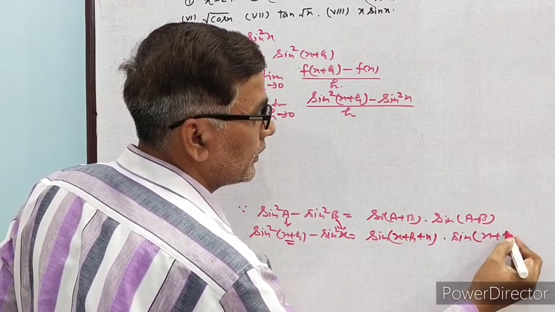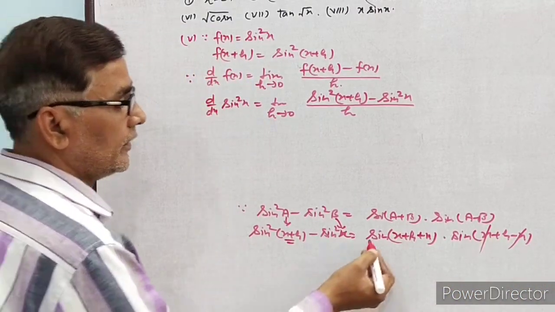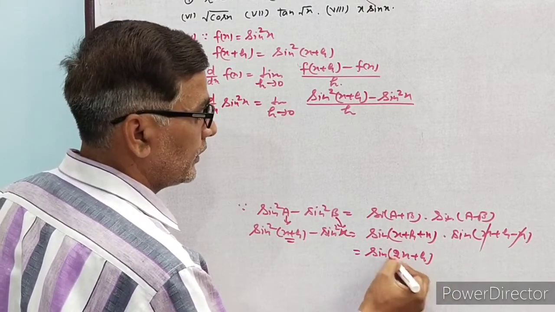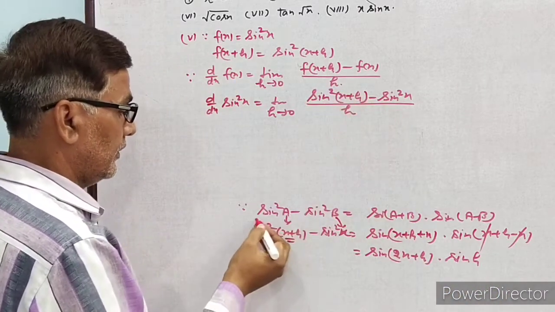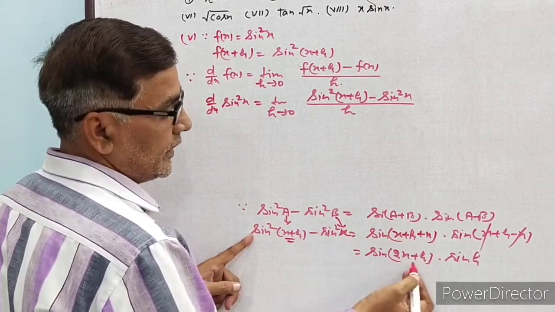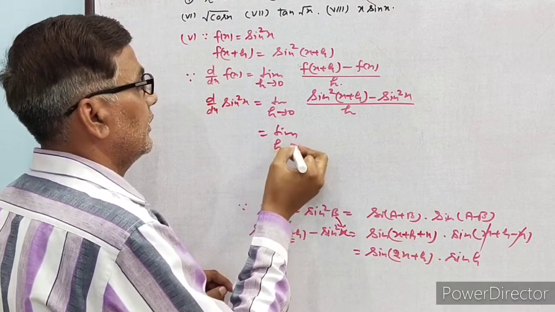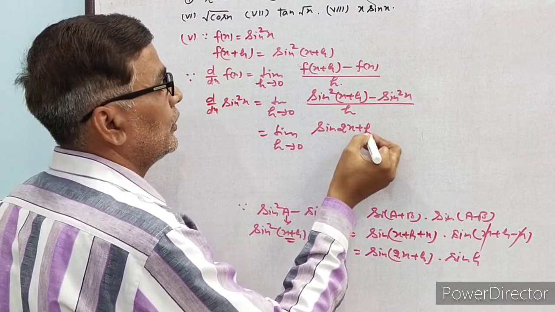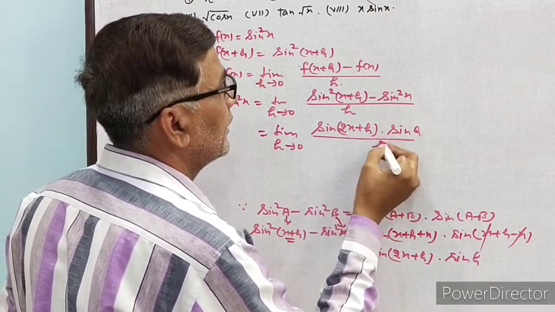Now x plus h minus x, and plus x cancel out, and the result is sine (x plus x) becomes sine (2x plus h) into sine h. So we can write the value of sine square (x plus h) minus sine square x directly as sine (2x plus h) into sine h. So the next step is sine (2x plus h) into sine h divided by h.